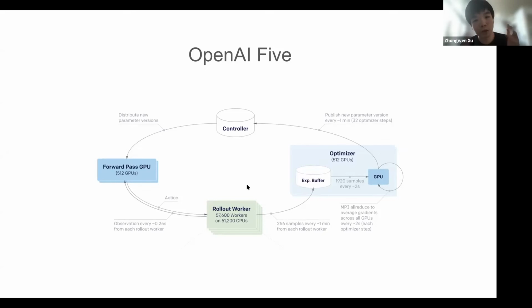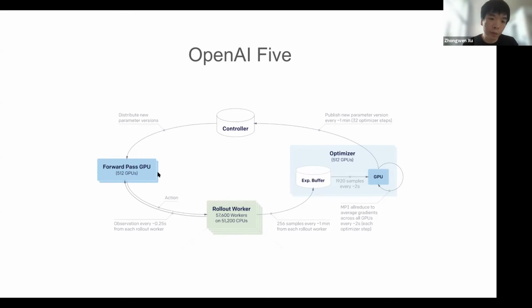But I think the good news is that all of these components are essentially the same as what you have been learning from the lecture. The key concept is still experience replay, the learner iterates through the iterations, and the agent-environment interaction happens in the lower worker, which is collecting the experience.